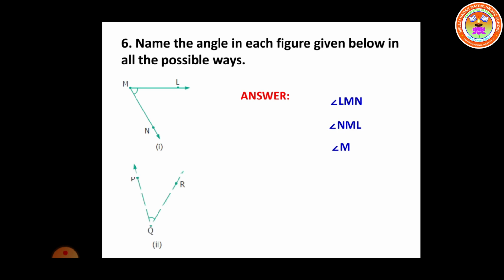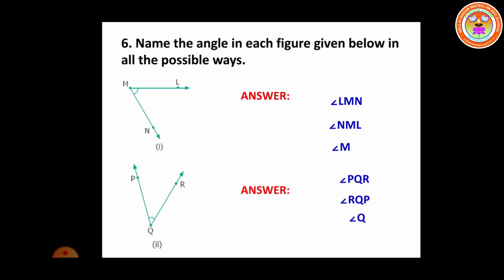Let us see one more question. Where is the vertex? At Q. So see the answer. First you start from P. So what is the angle name? Angle PQR. When you start from R, the angle name is RQP.